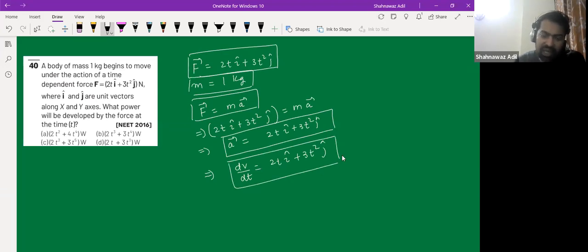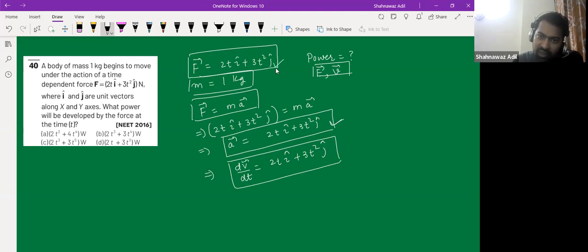So then what can we calculate, guys? This one is a tough one. We have calculated the acceleration, right? To calculate the power, what do we require? We require force and velocity, right? These are the two things that we require.